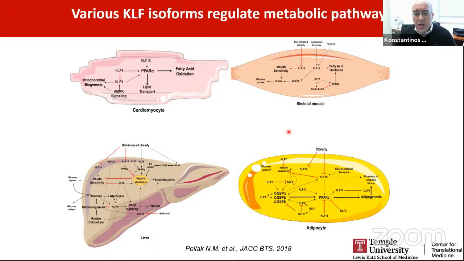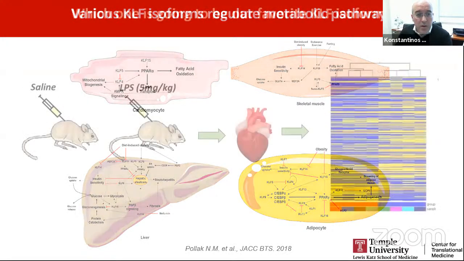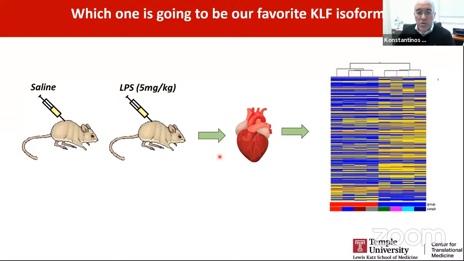Initially we looked at what metabolic pathways KLF proteins are involved in, and you can see here that for 4 cell types or organs that are important in metabolism, there are several pathways in which KLF proteins participate. So the first question was, which is going to be our favorite KLF isoform among the 17 different members of the family?